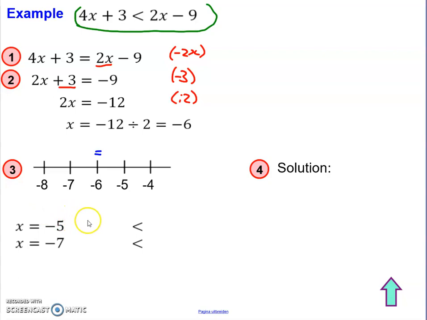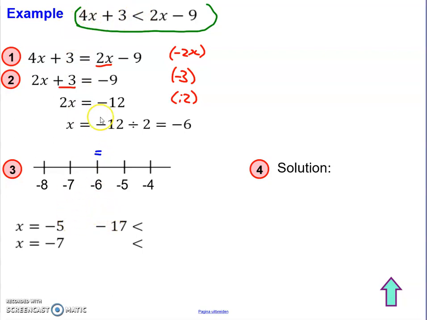You don't need to write down the calculation, but you do need to write down the solution. 4 times minus 5 is minus 20. Minus 20 plus 3 is minus 17. So when I fill in for x the value minus 5, the left side will be minus 17.